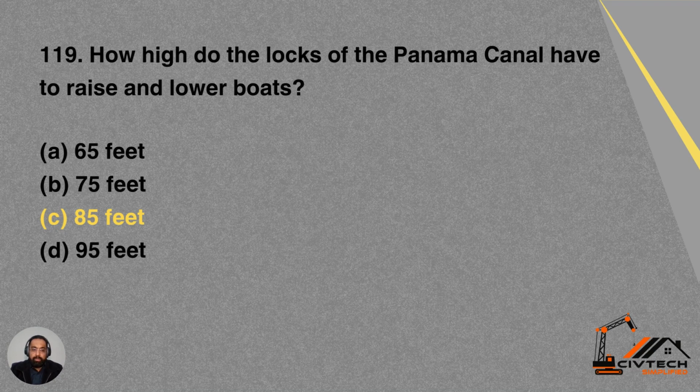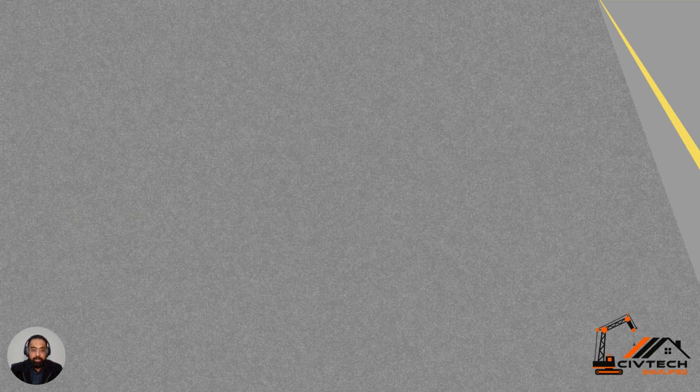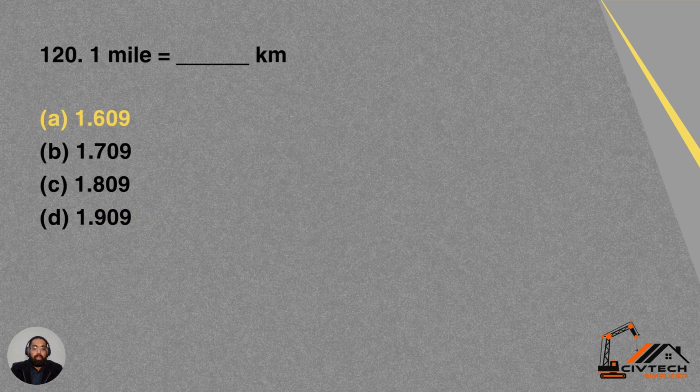So the locks of the Panama Canal have to raise ships 85 feet in order to shift them from one sea to the other, like Pacific to Atlantic. It has mechanical lifters over there, so it lifts the ships to the other side. So it has a lift or head of 85 feet.